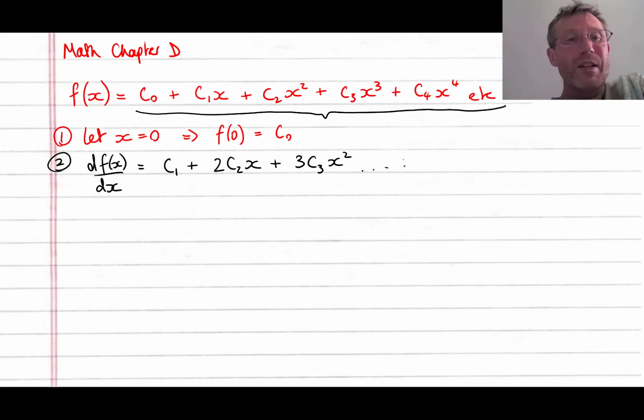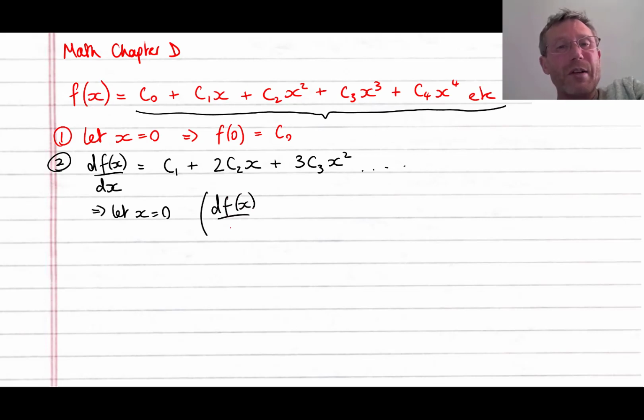At that point, we say let x equals 0. We recognize that df of x by dx at x equals 0 is simply equal to C1, because all this stuff in here goes away when x is equal to 0.